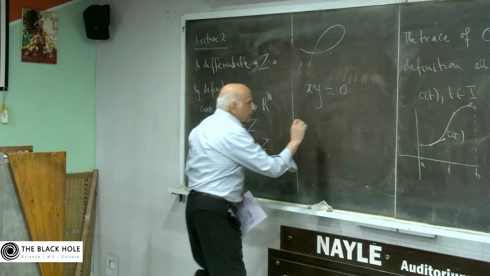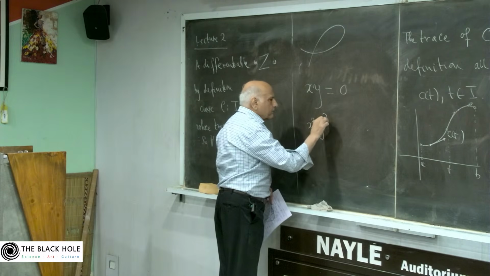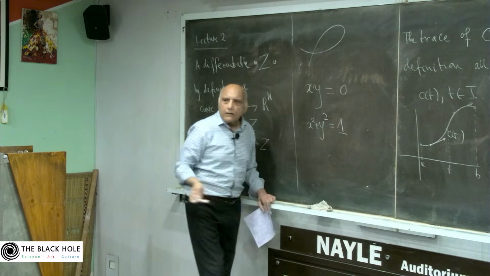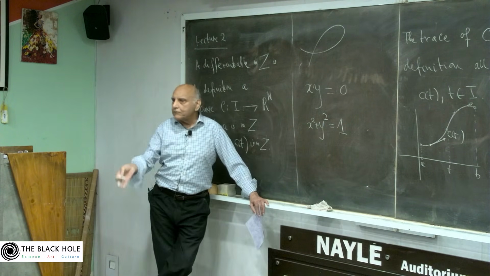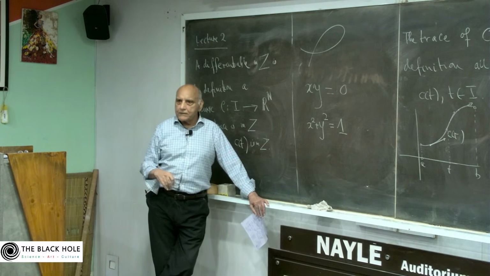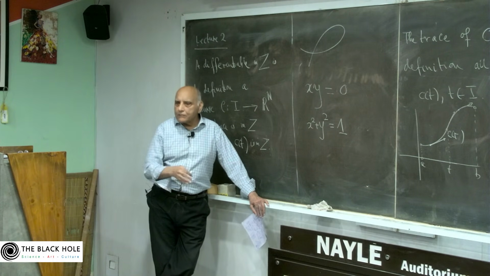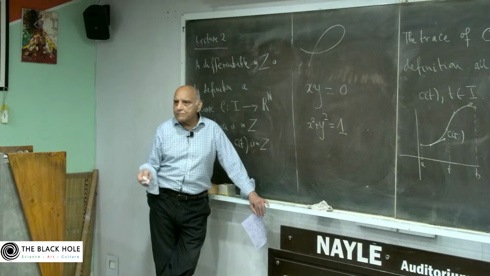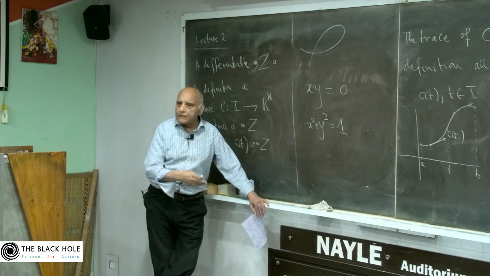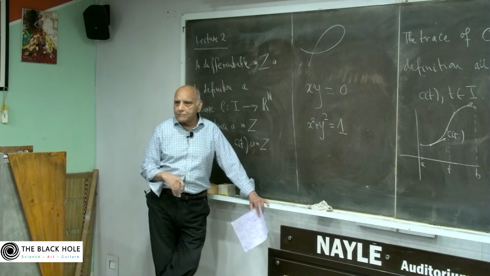For example, x squared plus y squared equals 1 in R^2. This is of course a circle, but you could have many different parameterizations. For example, x equals cosine theta and y equals sine theta, or x equals sine theta and y equals cosine theta.